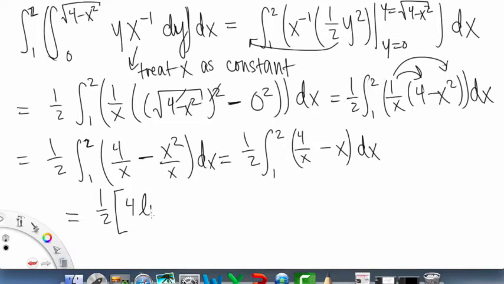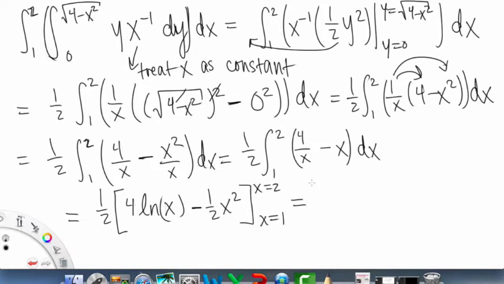So this is a 4 times ln x, and you don't need absolute values here because we have x going from 1 to 2, so nothing's negative there. You could just do parentheses if you want. Minus 1/2 x squared, as x ranges from x equals 1 to x equals 2, right? Our bounds. Okay.